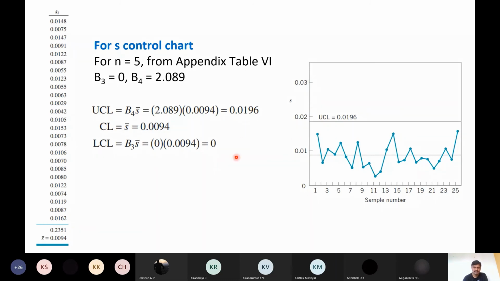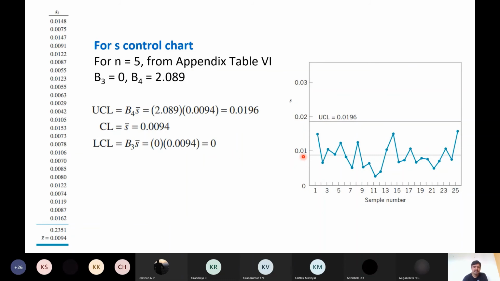Again same procedure. Find the maximum and minimum value in this column, then look at the upper control limit and lower control limit. Then you will get an idea regarding what values you need to consider on the y-axis.